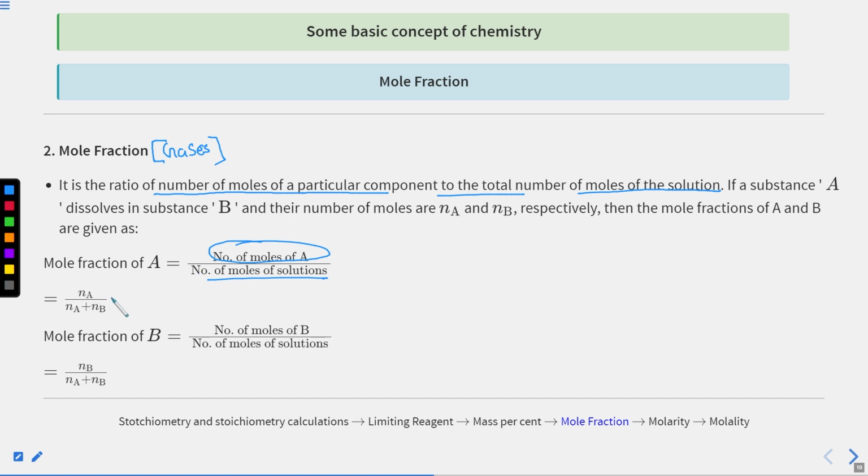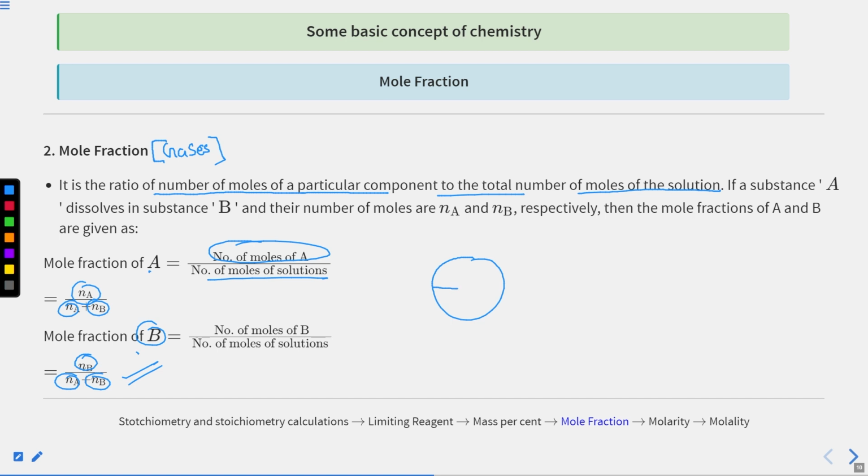Suppose it is a binary solution that contains only A and B, that is two components. Therefore the mole fraction of A is the number of moles of A divided by the total number of moles, that is Na plus Nb. Similarly for B, it is the number of moles of B by Na plus Nb. Since both are parts of the same whole, it can be explained this way. Suppose we have a cake.